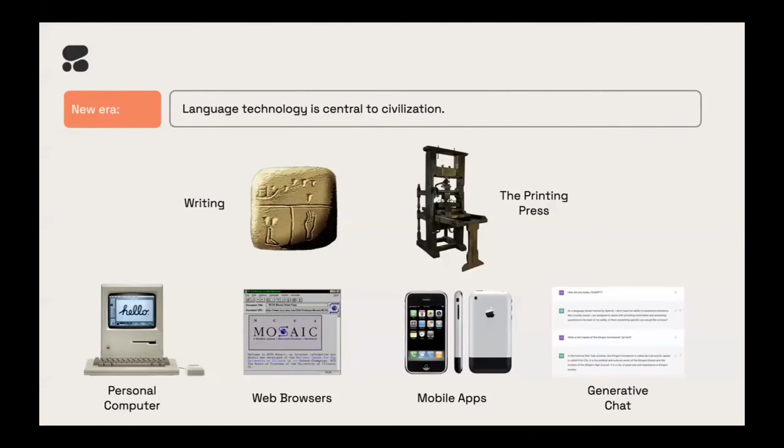Language technology in general has had major jumps in the past. If you think about the invention of writing, for example, that's what we actually call the beginning of history. And that is just a development in language technology. The printing press is another one.